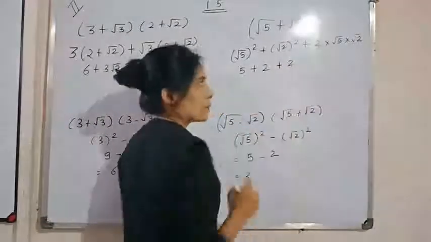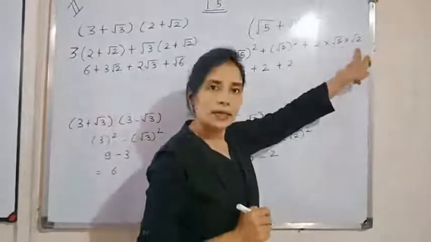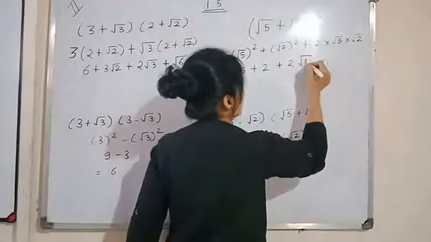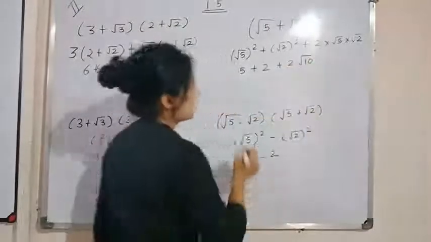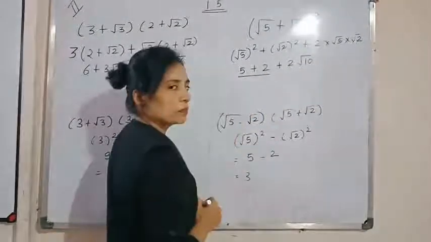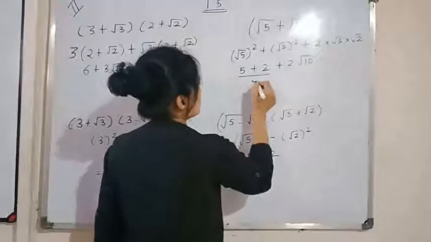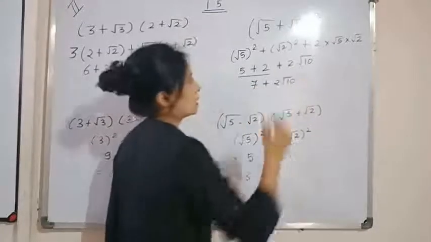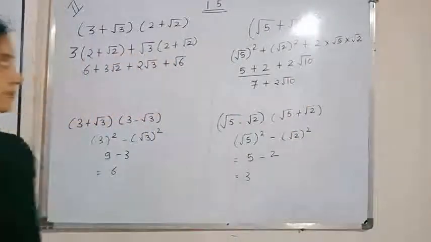This 2 will come as it is and since they both are under root, they will be multiplied. So 5 2s are 10. This is 2 under root 10. Now you can see these two numbers can be added. So 7 plus 2 root 10 will be the final answer.